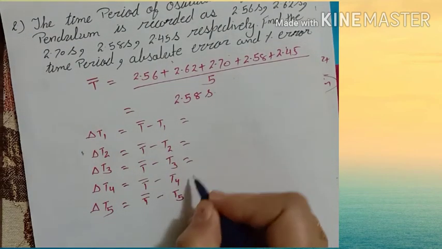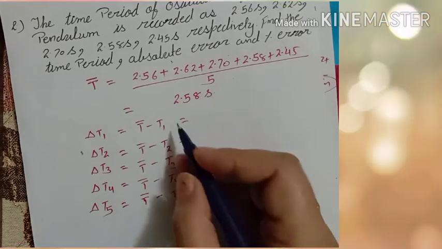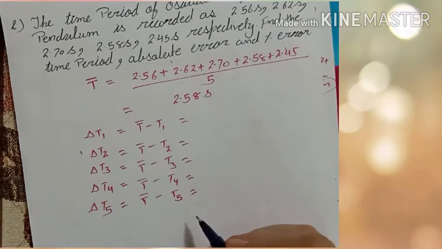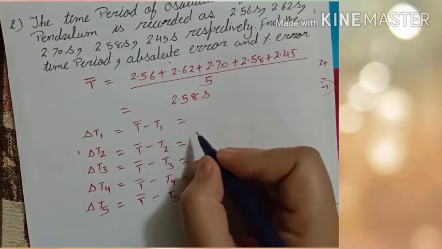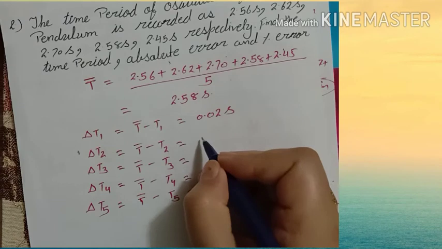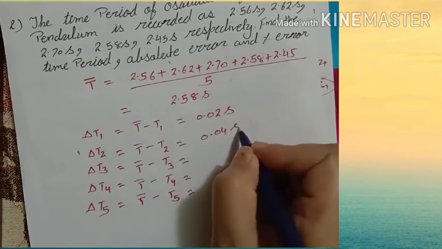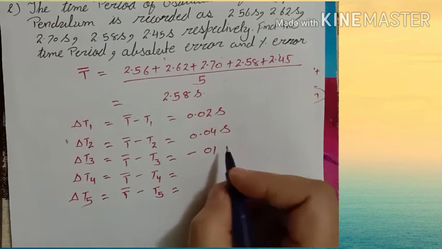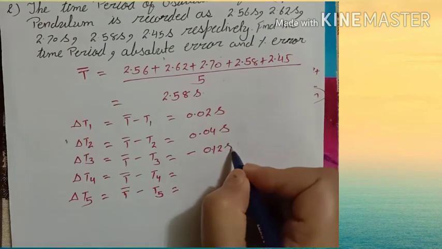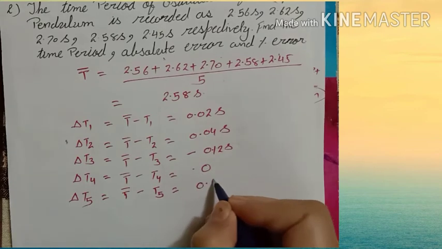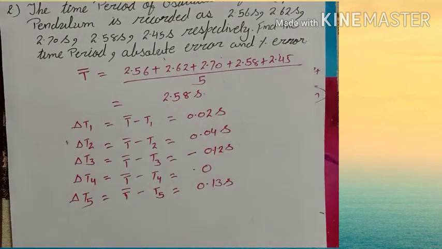And then we get the values when we put in t bar and t1, and similarly t2, t3, t4, t5. Then we get the values 0.02 second and 0.04 second, minus 0.12 second, and 0, and 0.13 second.